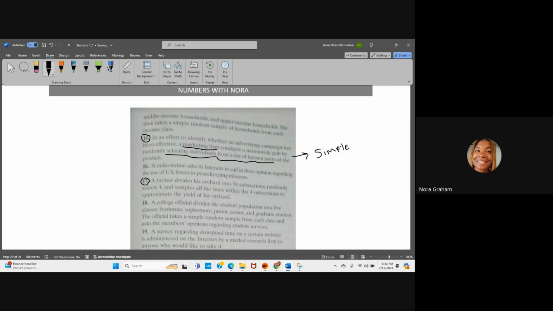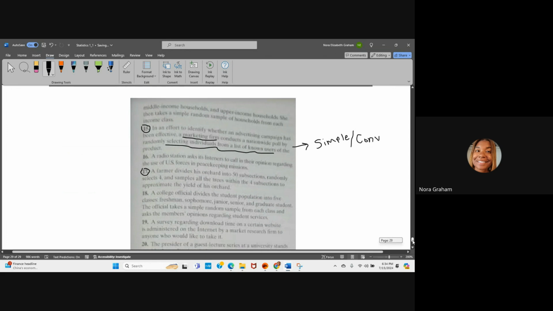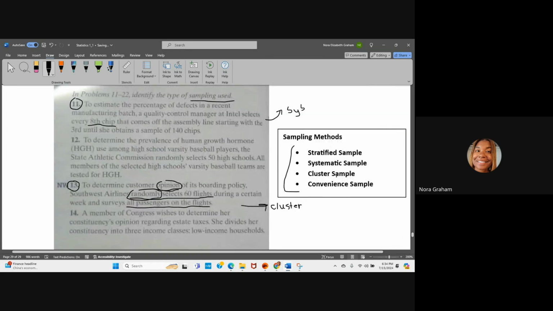So I'll put simple and then slash convenience, because I would consider this convenience sampling. I'll just put both. Okay. So either or, whichever you picked should be okay. Right. Again, you can look at this definition bank that I had created. Okay.